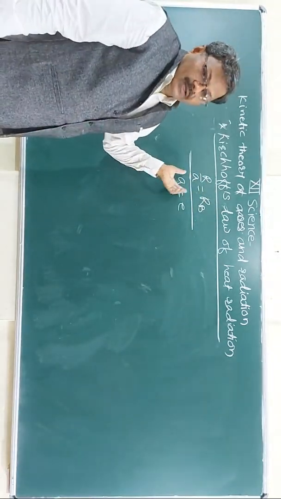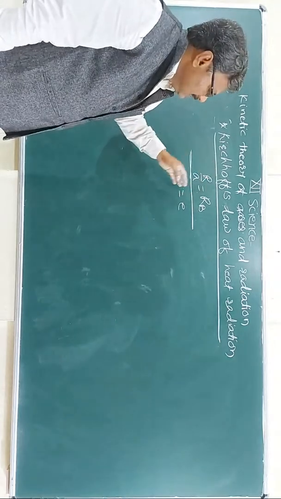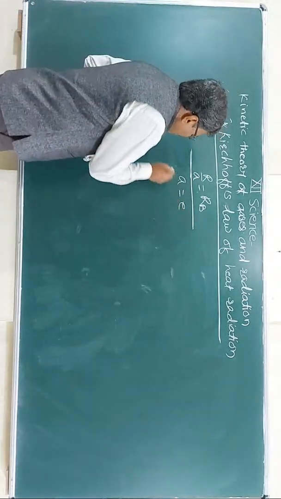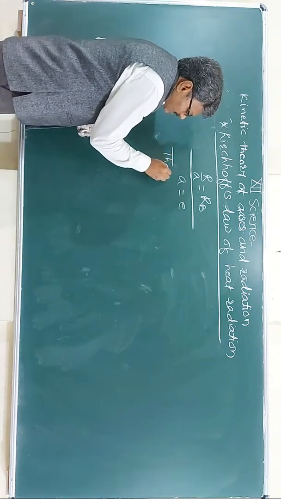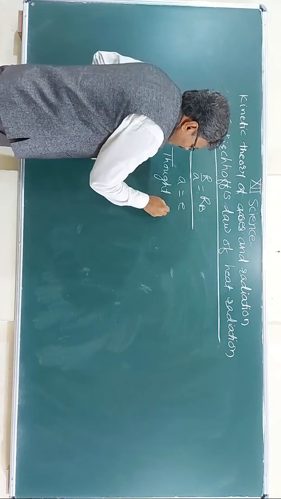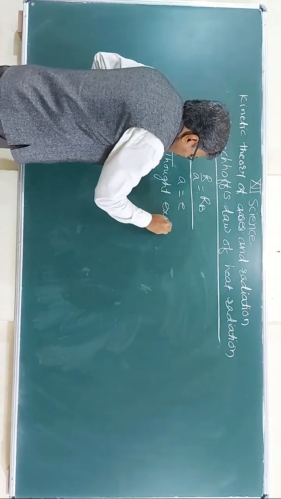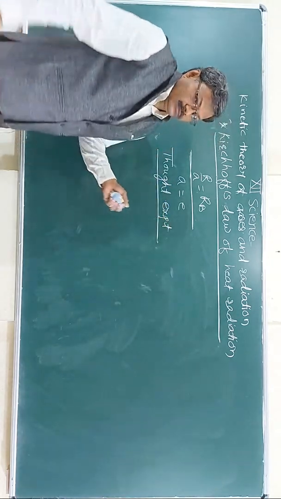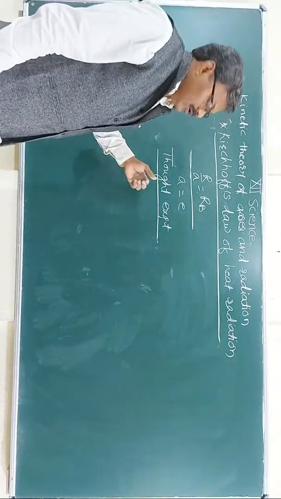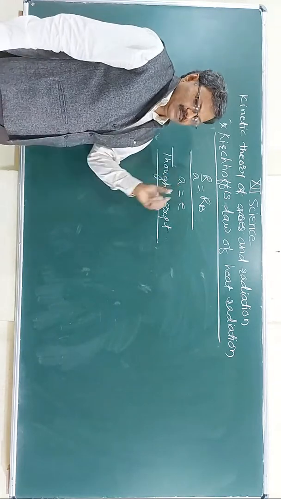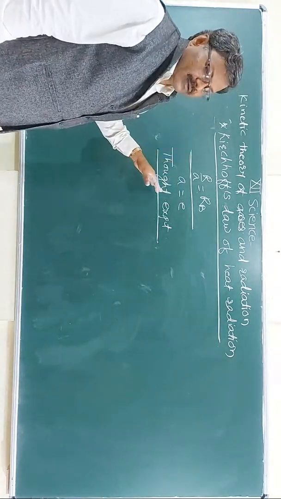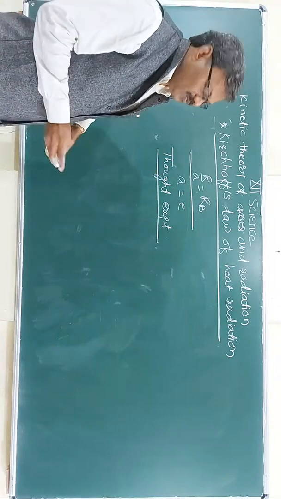Now, theoretically, these relations are proved by a thought experiment. What is the thought experiment? We want to obtain this relation by using a thought experiment. In the thought experiment, consider two bodies.